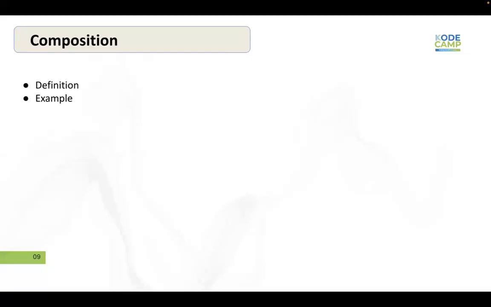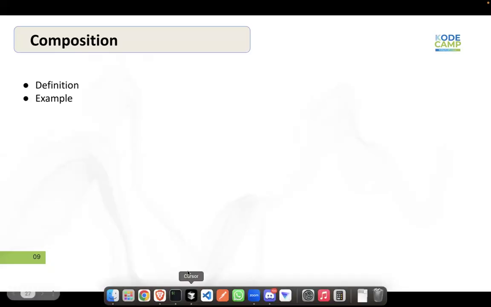You don't want to always inherit and then add methods. Maybe sometimes you just want to combine simple classes or simple objects to make up the complex ones. Instead of inheritance, you use composition. So let's say we want to use composition instead of inheritance. How do we do that?